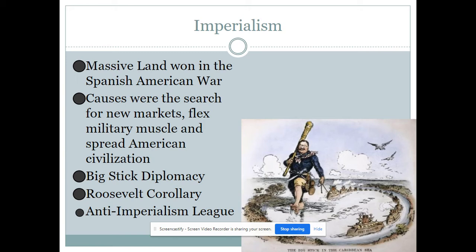We need to show off this new military might that America's created, like in Mahan's philosophy on naval presence around the world. And also this idea of American democracy or freedom slash civilization. It's our job to expand that, bring it to other people, whether they ask for it or not.